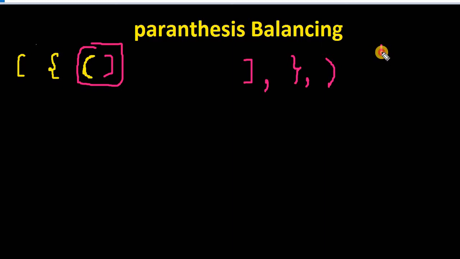So I hope you got the logic. For the first element, if it's any one of these three, it will be an unbalanced case. You can simply return no in this case. So let me write that particular condition here. For the first letter, we will simply check if these are present. If yes, we simply output no, and we can continue with other test cases. So I hope you got this particular logic.